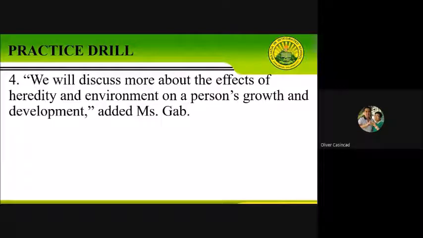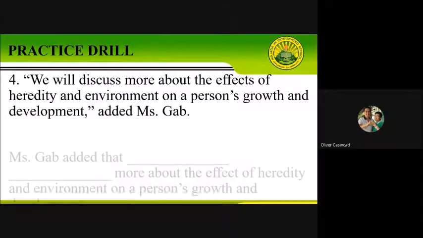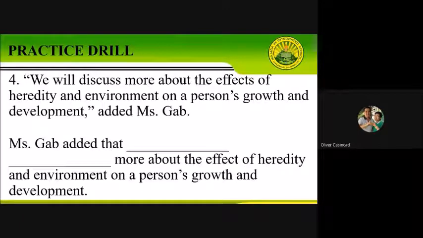Next. Number 4. So this is the indirect speech with 2 lacking pieces of information. So you have there, Miss Gab added that. Are we going to use we? Are we included in the conversation?